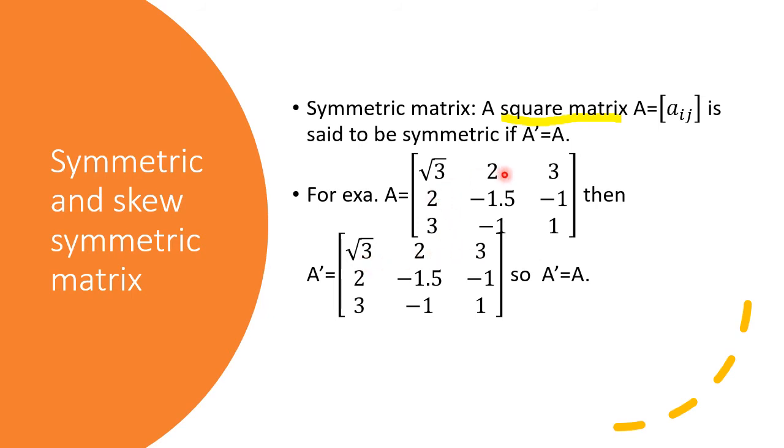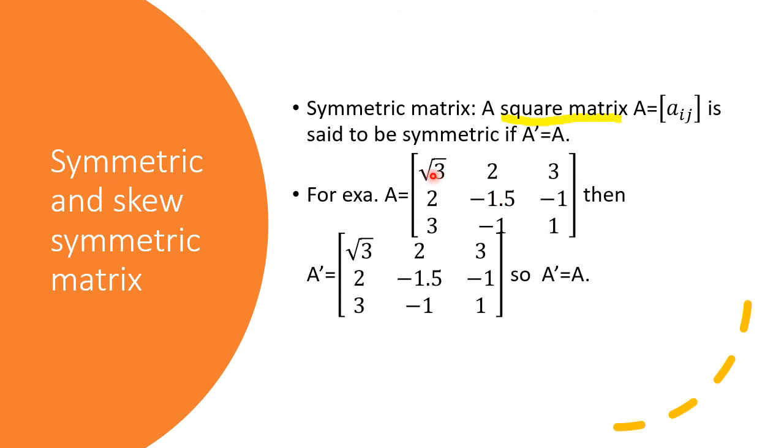Second is 2, minus 1.5 and 1. Then 3, minus 1 and 1. Okay. So then you are checking that A transpose is the same as A. So therefore this is a symmetric matrix.